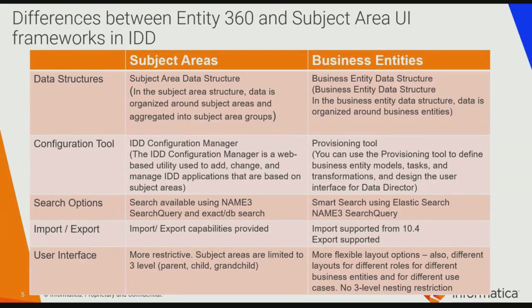Once the root node is established, you use the provisioning tool to create child nodes that might have one-to-one or one-to-many relationships. You can also use the provisioning tool to configure the reference entities, which are nothing but the lookup tables configured in the hub.